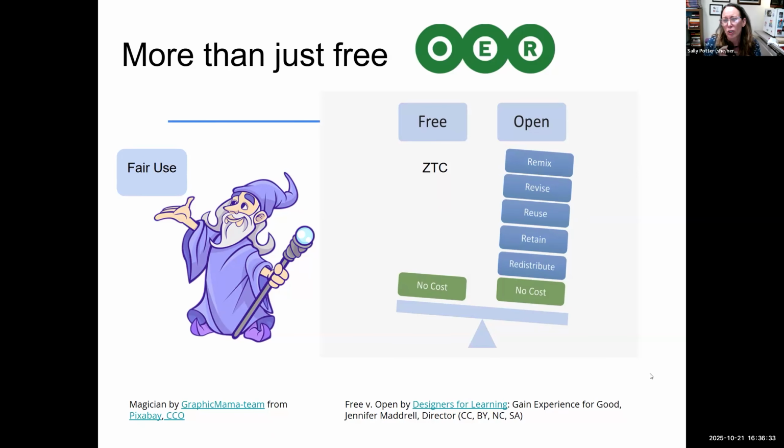So there could be some expense with that. When we're talking about ZTC, that means zero textbook cost. So what that is supposed to be is that there is no cost to the students.